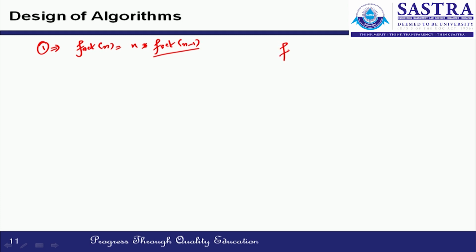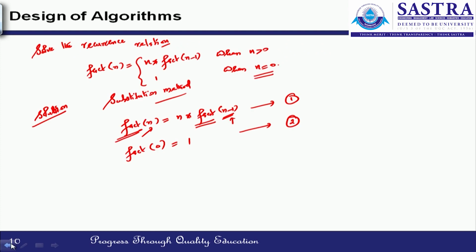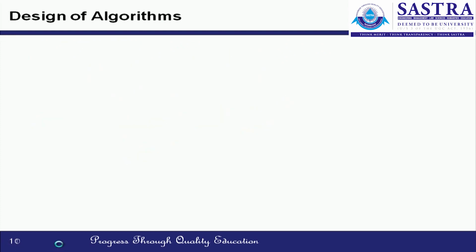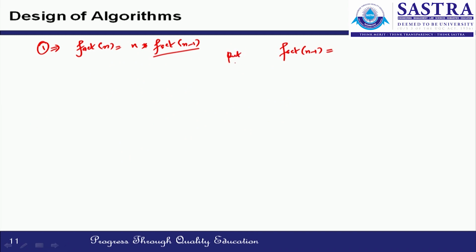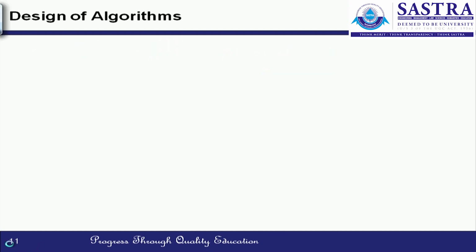Now to find fact of n minus 1, we need to substitute n is equal to n minus 1 in equation 1. Put n is equal to n minus 1 in equation 1. We can find the value of fact of n minus 1.